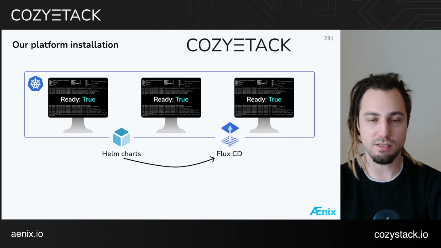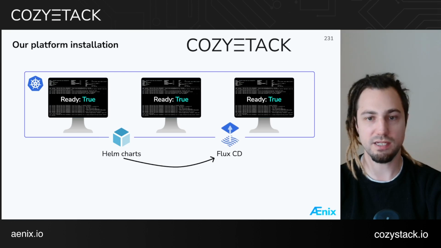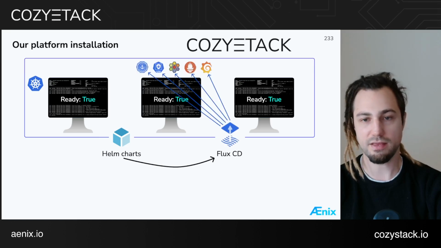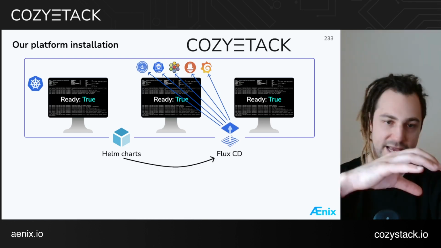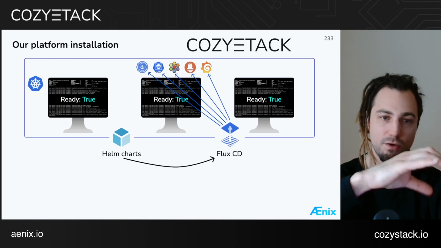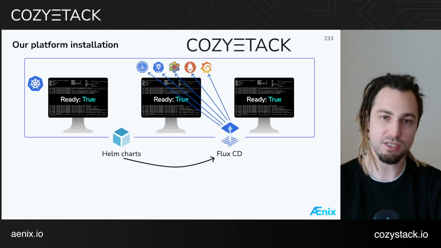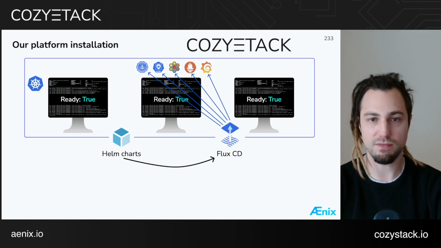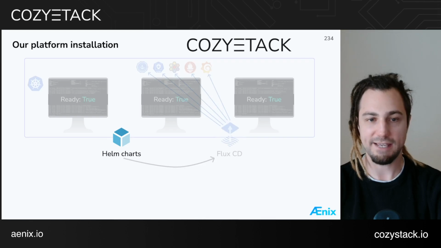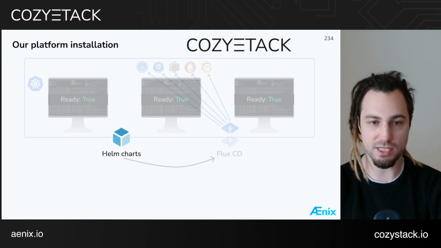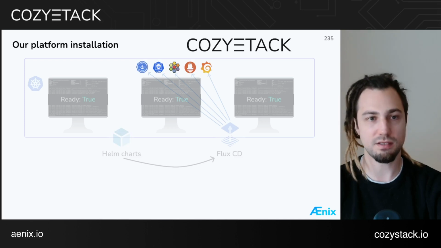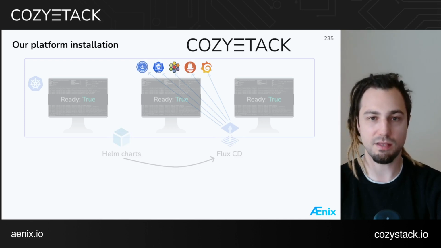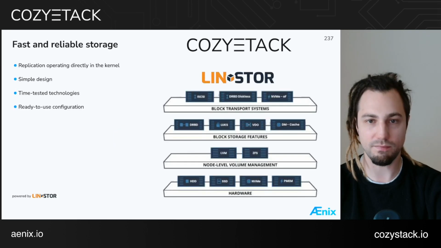It also has a small script to install Flux, and then all the rest of the stuff, like installing components, is done by Flux. So Flux takes those Helm charts from the container and bootstraps and installs them into the existing Kubernetes cluster. If we want to update the platform, we just replace this container with new Helm charts, and Flux just updates them in the cluster. Very simple.